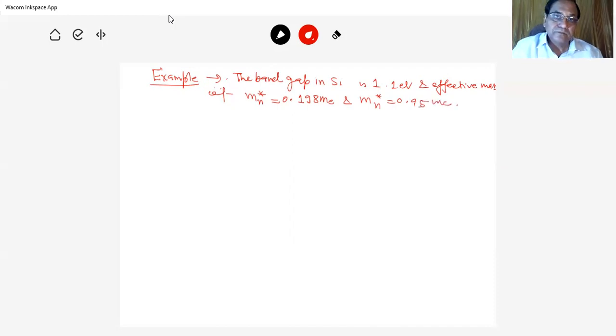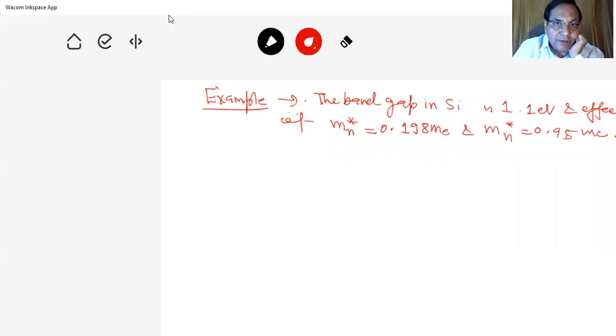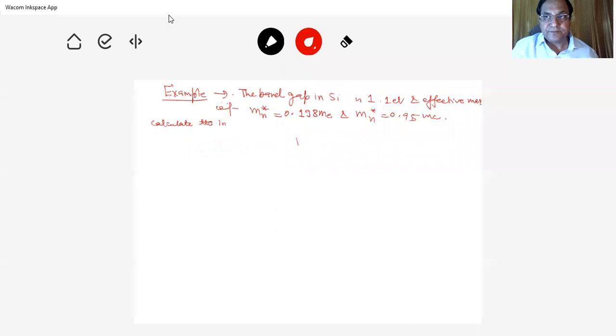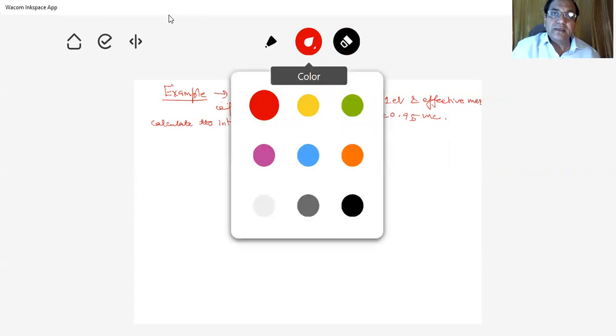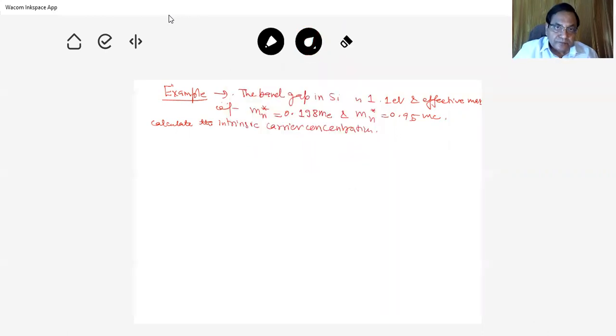Then calculate the intrinsic carrier concentration. Then solution.